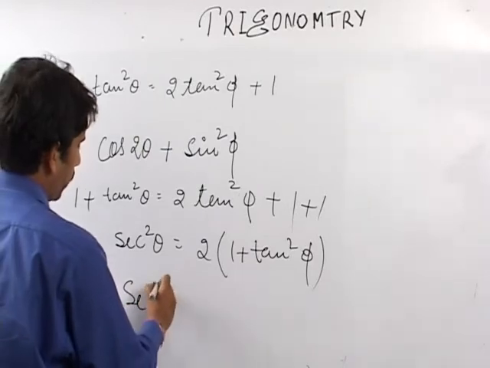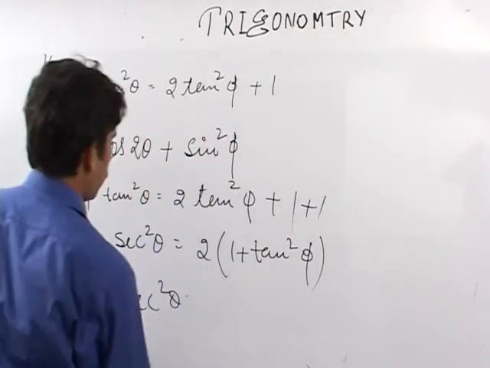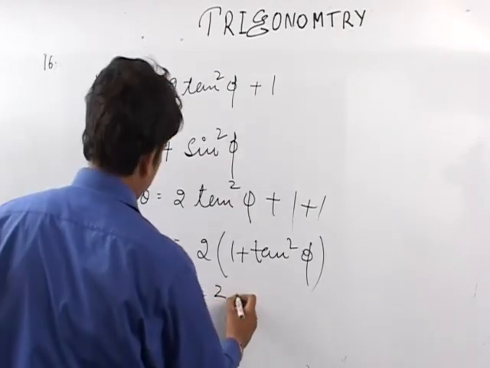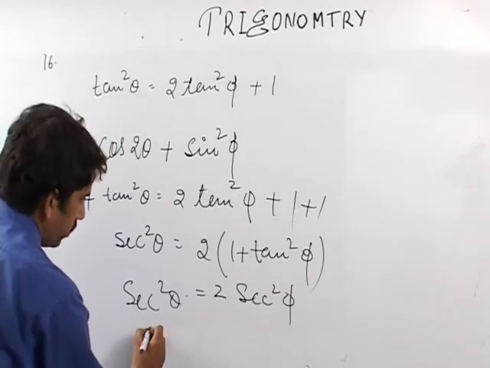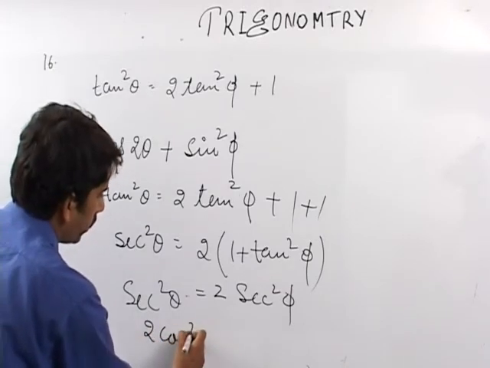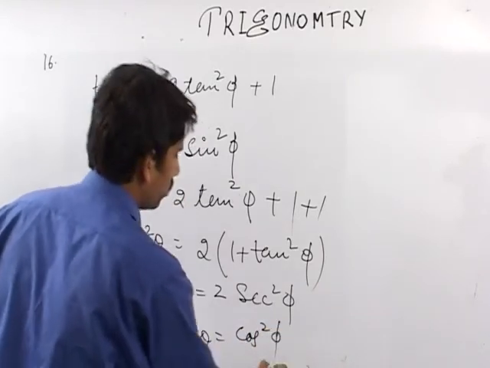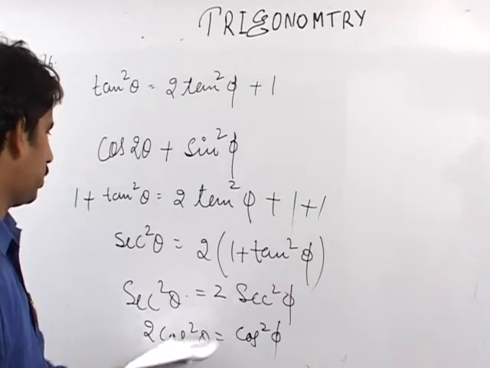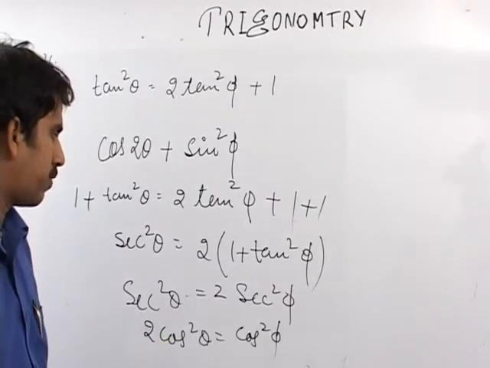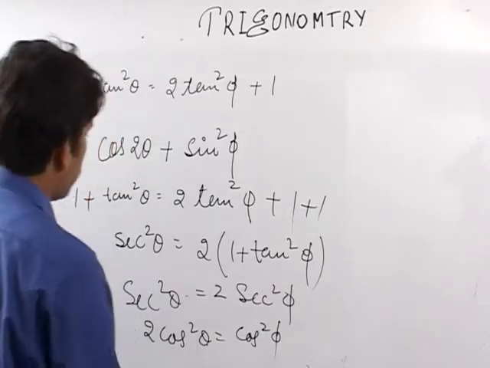So you will get secant square theta is equal to 2 secant square phi, and 2 cos square theta is equal to cos square phi. I hope this will be clear to you. This is 1 over cos square phi and this is 1 over cos square theta. By cross multiplying you get this.